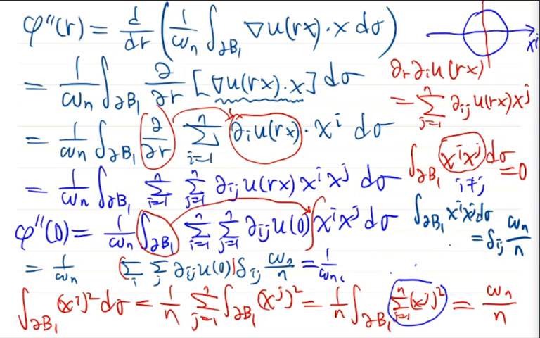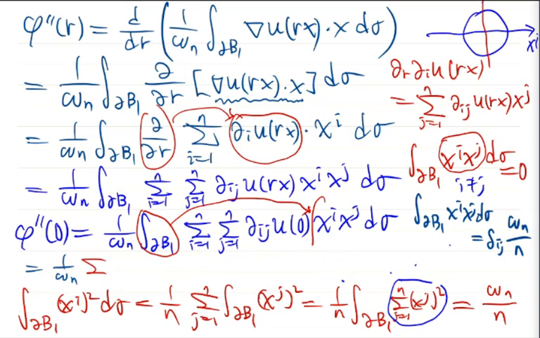So the computation should be, I will modify this part, erase, and we have the summation over i, j of d_ij u(0), then delta_ij omega_n over n.